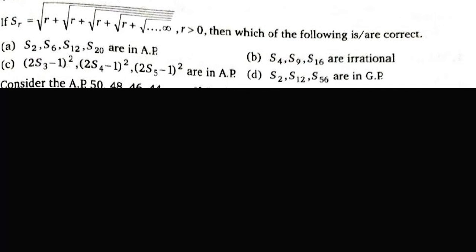Now the question is, we are given this series SR where R is greater than 0, then which of the following is or are correct? Now we are given that SR is this nested loop under root of R plus under root of R plus under root of R, and will continue up to infinite.